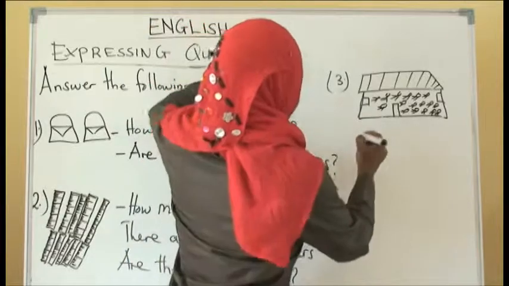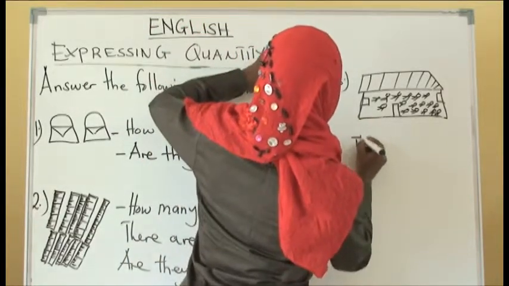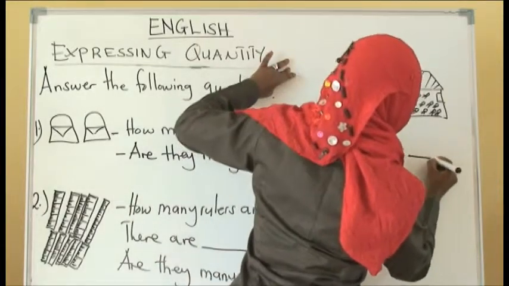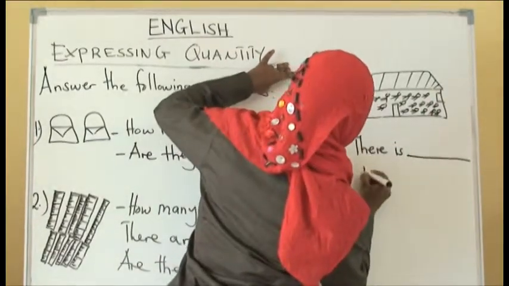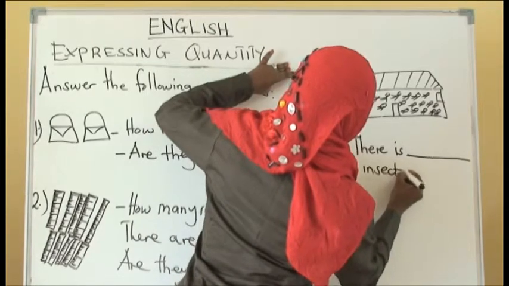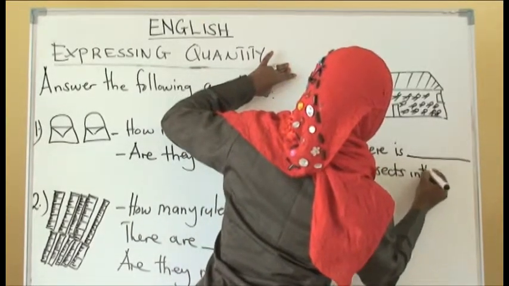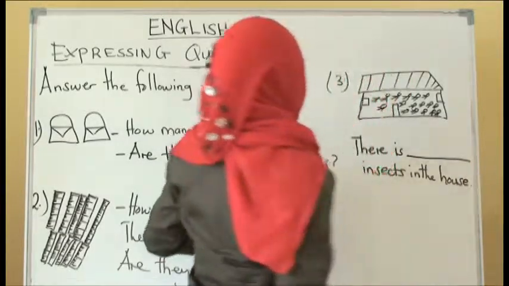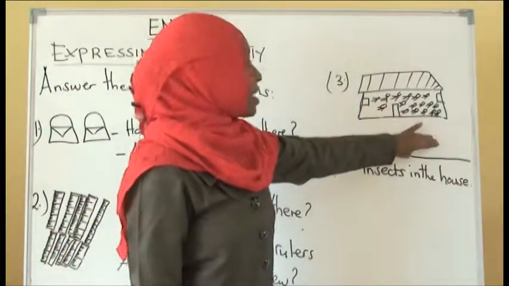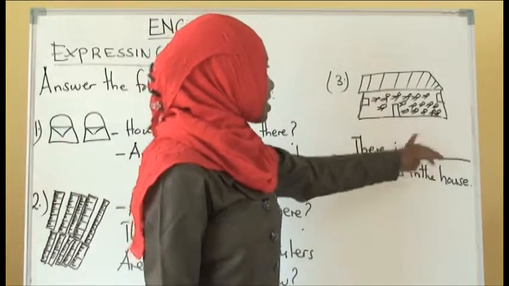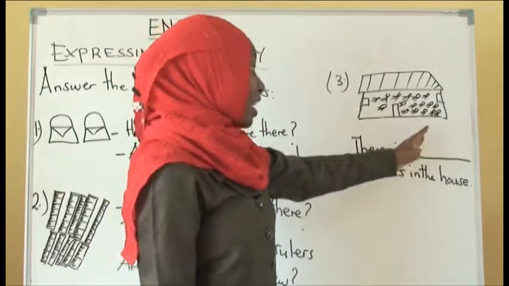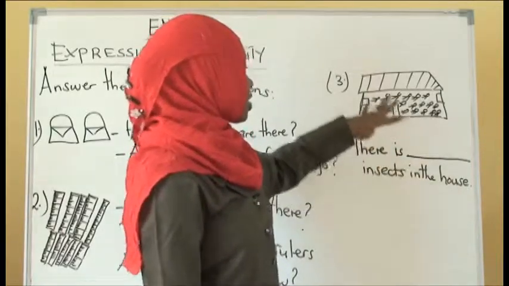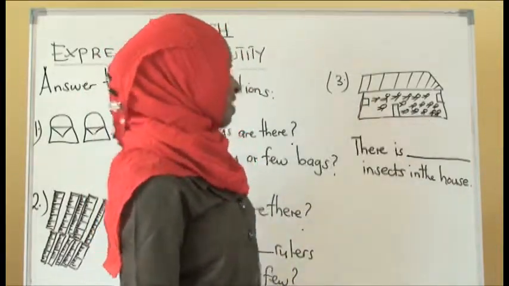So, the question here, you have to fill in the gap. There is dash dash insects in the house. Then here, choose the correct word to fill in this gap. Whether you are going to say there is many insects, there is few insects, or the other thing. Choose the correct answer there.